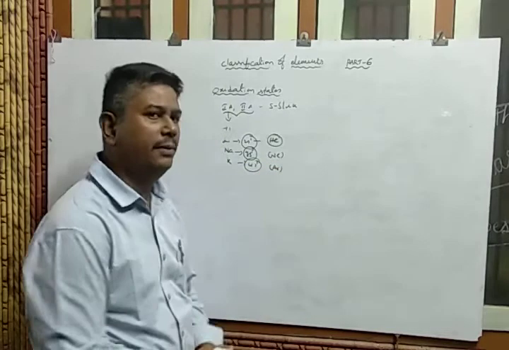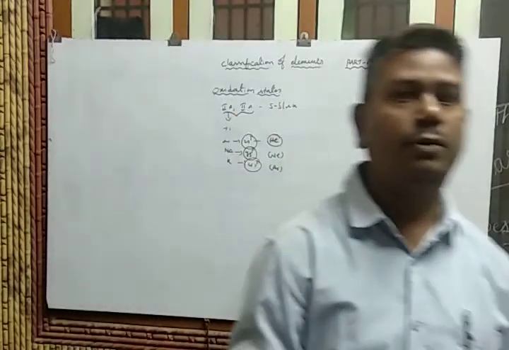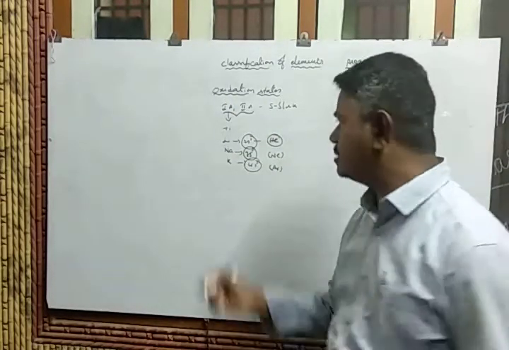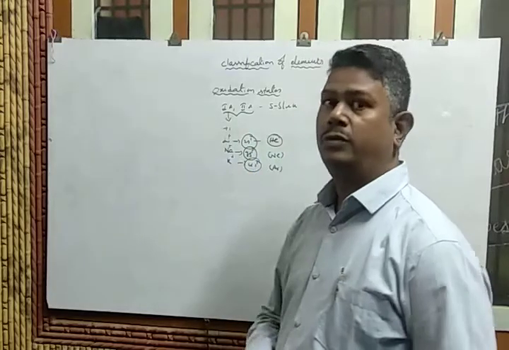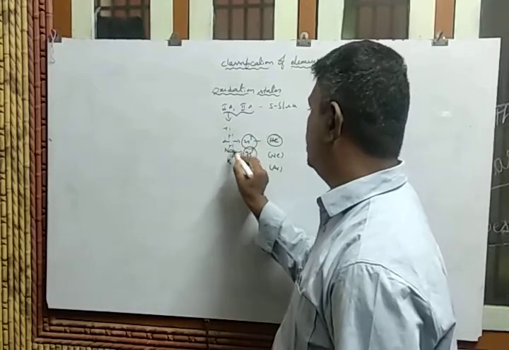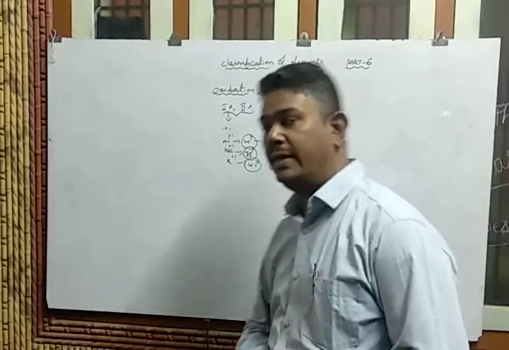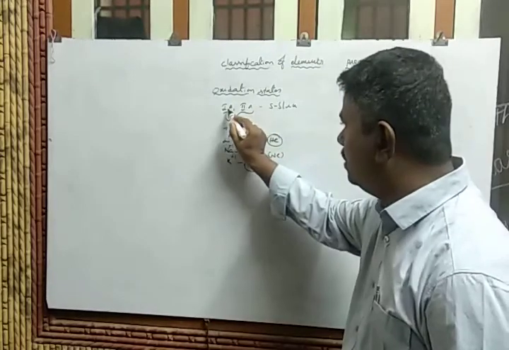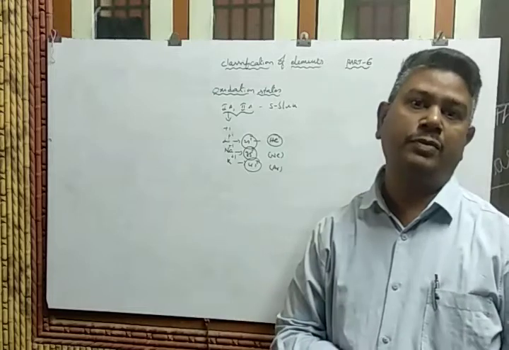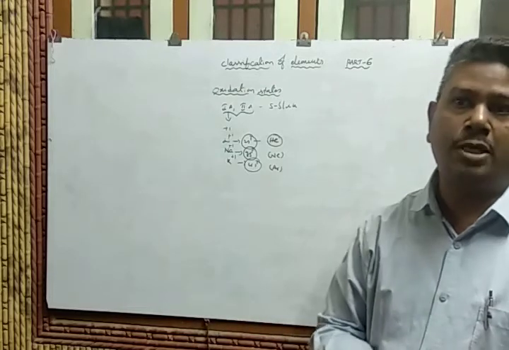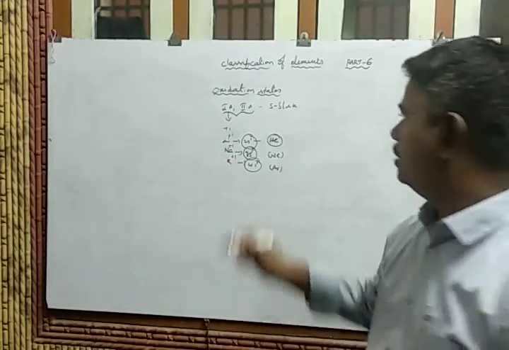So ultimately, first group elements lose one electron and acquire a positive charge. How much? +1, +1, +1. So 1A group elements, that means alkali metals, always show a positive oxidation state, that is +1.